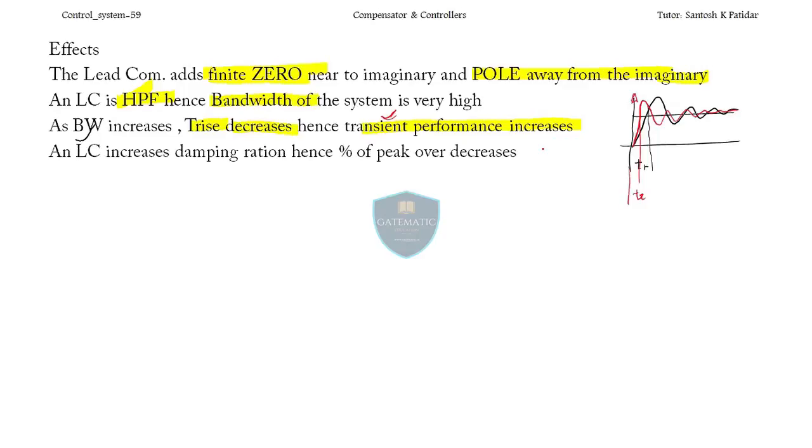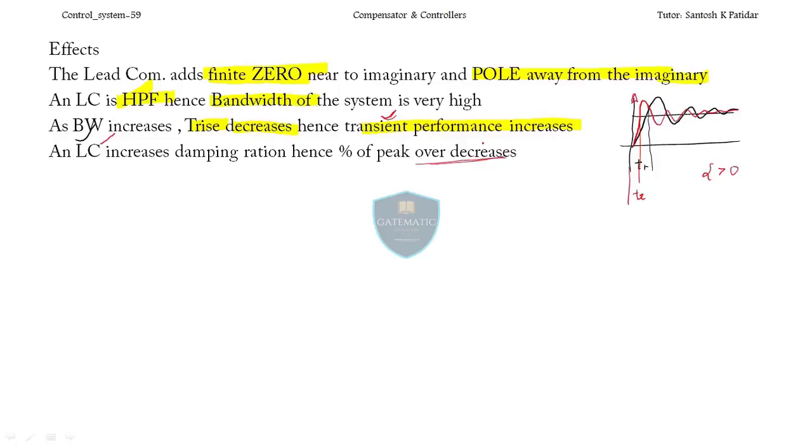The next point is, a lead compensator increases the damping ratio, hence the percentage of peak overshoot decreases. Yes, definitely, as zeta increases, your peak overshoot is going to decrease.